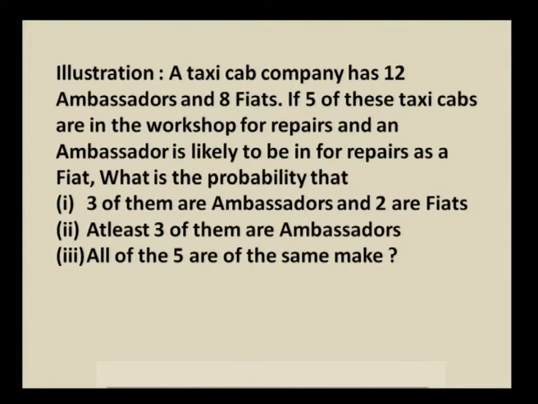Second question is at least 3 of them are Ambassadors. Third question is all of the 5 are of the same make. Okay. So, we have to fix the values of capital N, small n, then k. So, these are the parameters required to do a problem in the hypergeometric distribution.